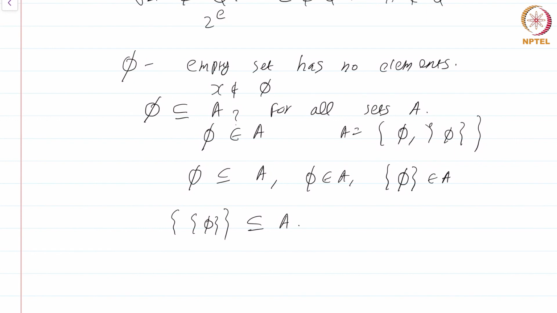Not only that, set with phi is also a subset of A. So this is an extremely comical situation. Please digest this example thoroughly. There is nothing really difficult about the empty set other than getting used to it. This is a course on real analysis and you have just watched a module on basic set theory.